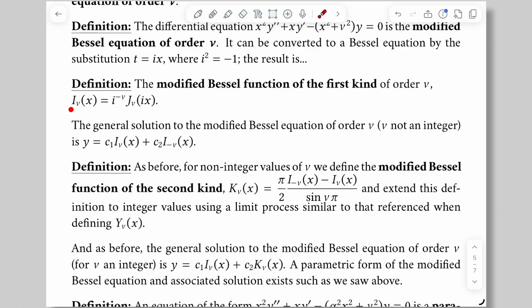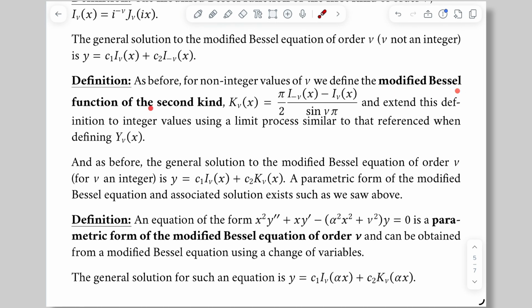It's denoted using I sub nu, and it's just J sub nu with ix in the argument, and the whole thing is multiplied by i to the negative nu. If nu is not an integer, then as before, we have a general solution of the modified Bessel equation, which is y equals c1 I sub nu of x plus c2 I sub negative nu of x.